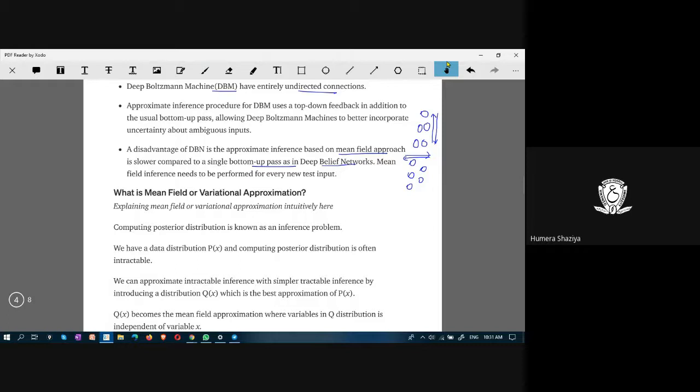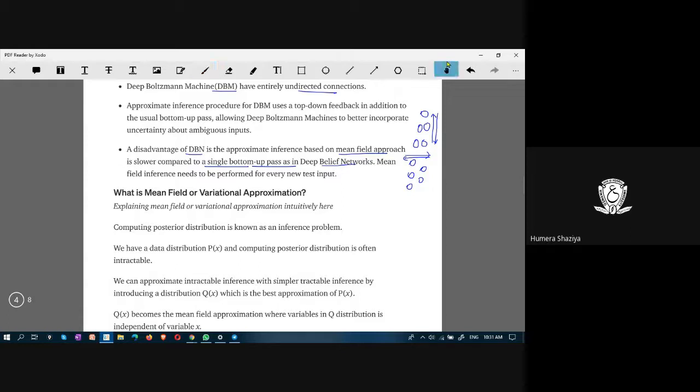Comparing DBN only with itself, by having a single bottom up pass and comparing these two things. Mean field approach is slower than a single bottom up pass in DBN. So DBN has two methods.